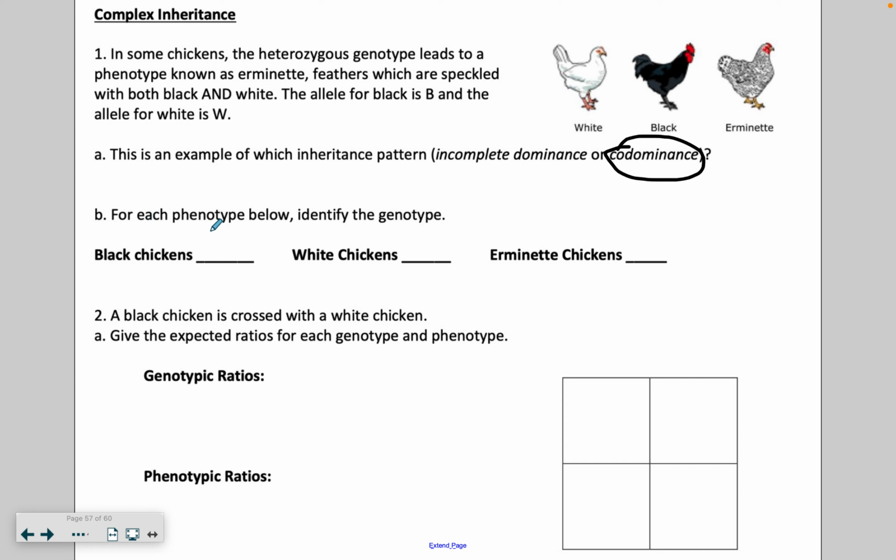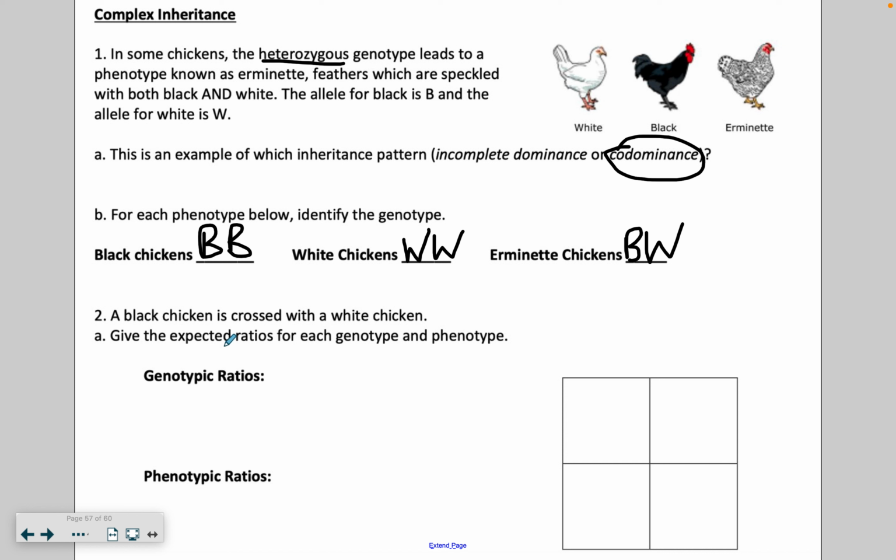For black chickens to appear, both of their alleles are capital Bs. White chickens, both of their alleles are capital W. And the erminant is heterozygous, so one of each: capital B, capital W.